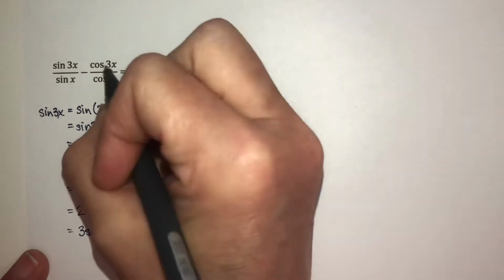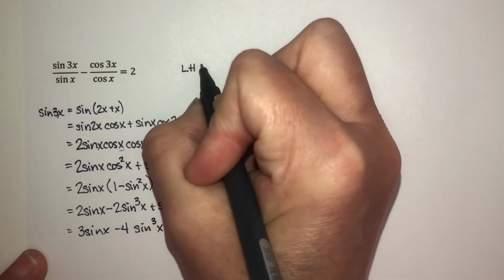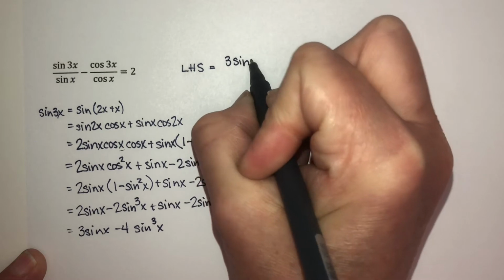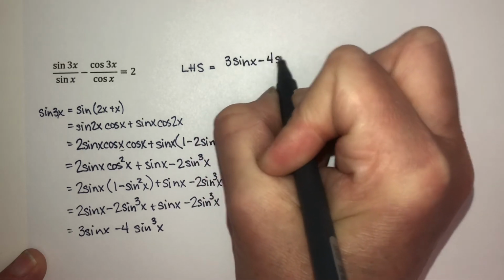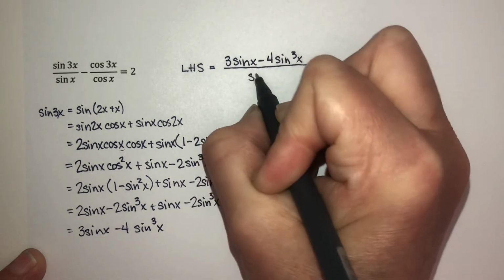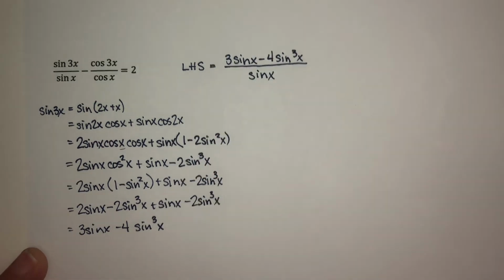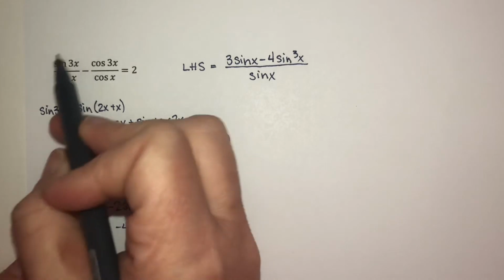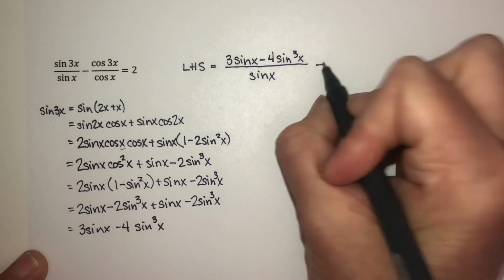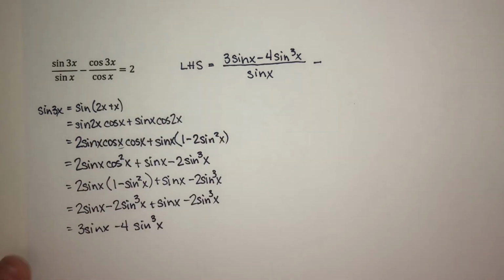Okay, so right here, I have my left-hand side is equal to, I have that much done. That's this first part rewritten. It's going to be minus, but now I need to find cosine of 3x.